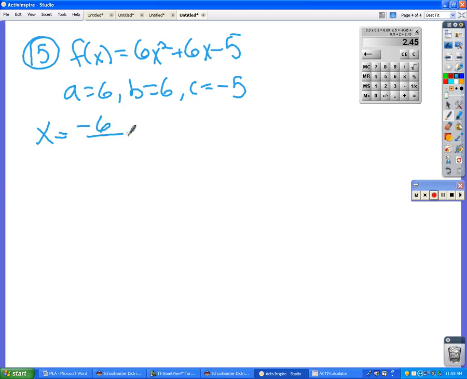What's 2 times A? So negative 6 divided by 12 is what? Negative 1/2, or negative 0.5. So now you know. Okay, and then you plug that in and that gives you the other answer.